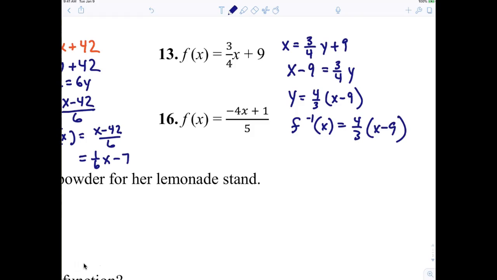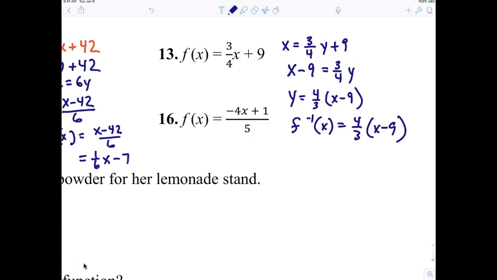And so you don't have to distribute? No, you don't have to distribute. You can if you want, but it's not necessary, just like you can divide if you want, but it's not necessary. So if it's a fraction, it's multiplied by the reciprocal, and then you put x plus or minus whatever in parentheses, because you have to do 4/3 times that whole thing.